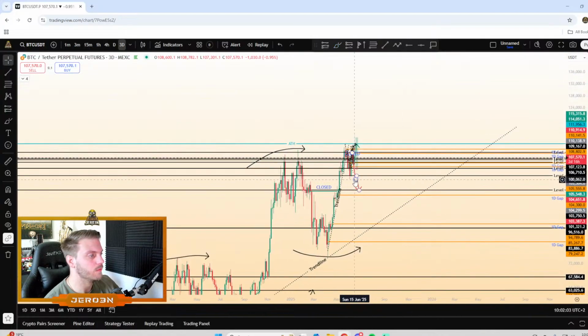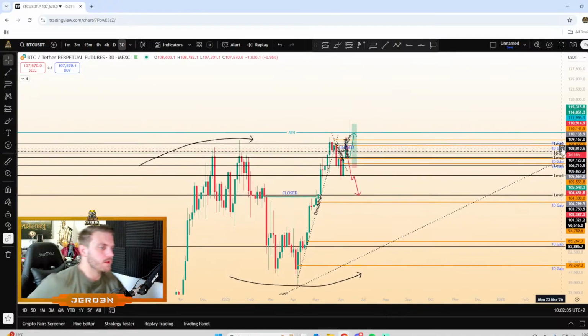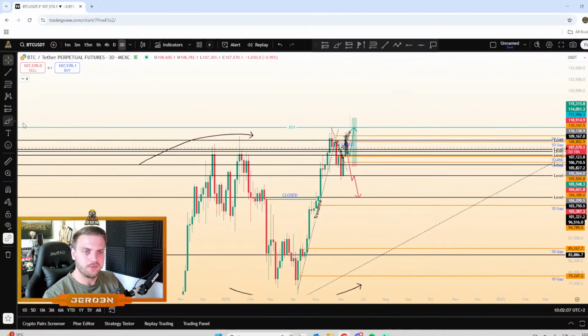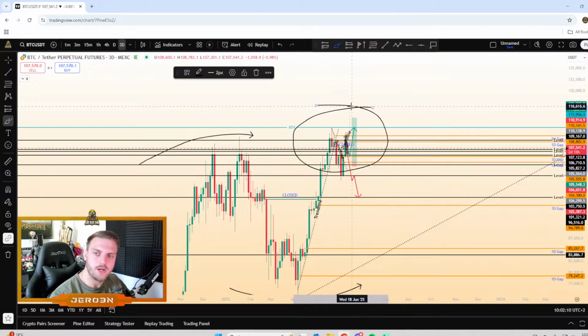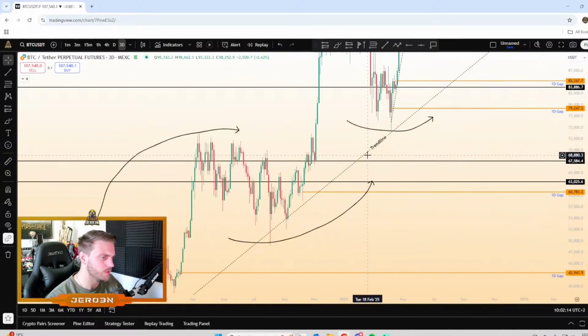It looks like a small mess here, that's okay. And we created this new higher high in here.